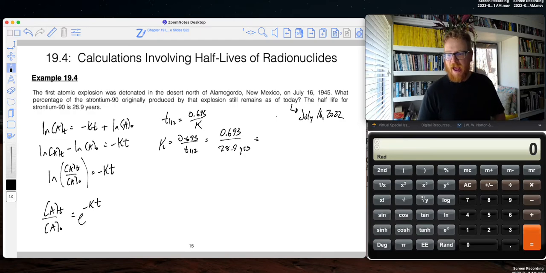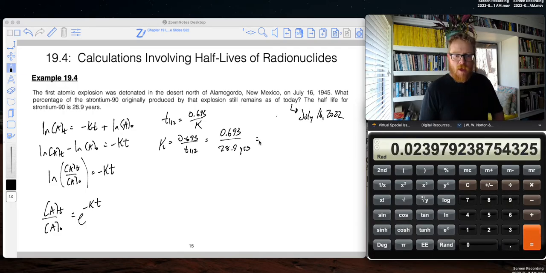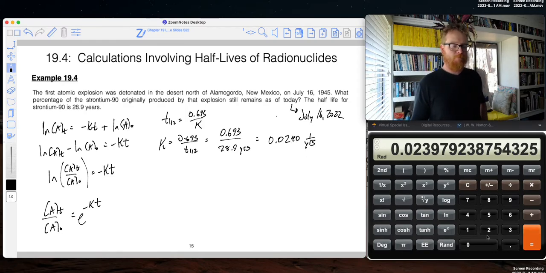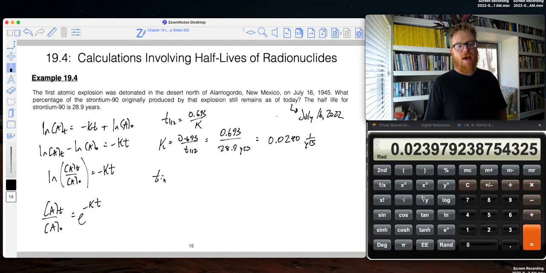And so we'll get a rate constant out of that, 0.693 divided by 28.9 equals. So that's going to be 0.02, let's say 401 per year.